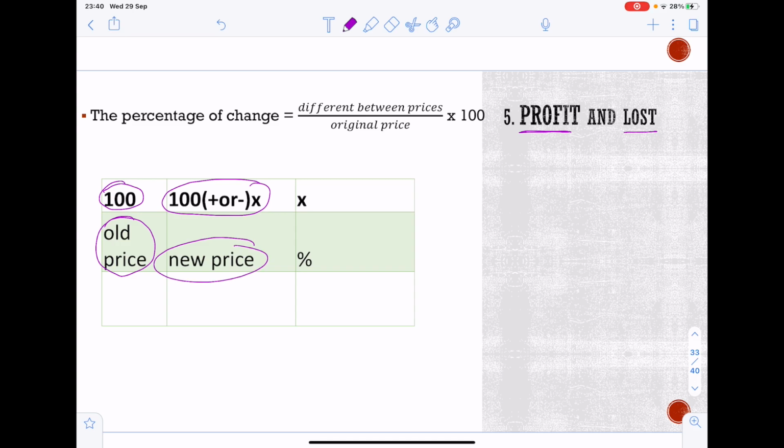And if it's a loss, you subtract the percentage from the 100 to get the new price. And here the x is for the percentage. Okay. And also to find out the percentage of change, you subtract both prices that you have in the numerator, then divide by the original price in the denominator, then multiply by 100.